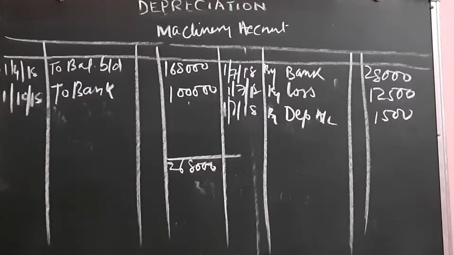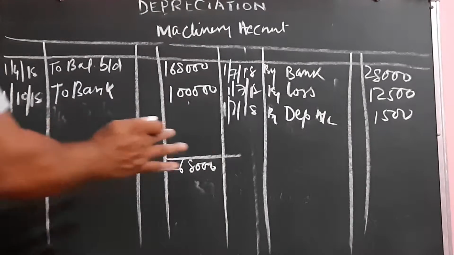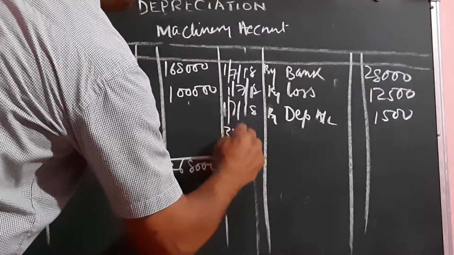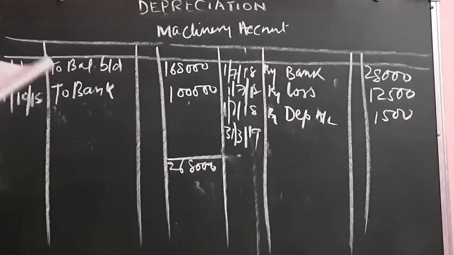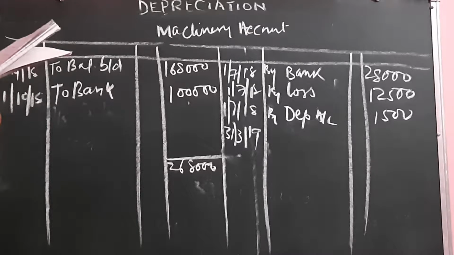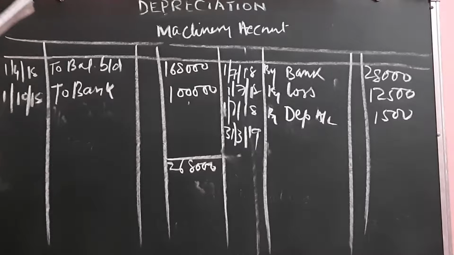And the depreciation charge at the end of the accounting year, 31st March 19. So for depreciation calculated here, out of 6 machines, 4 machines were left, so 60 into 4, as 2 machines were sold out.